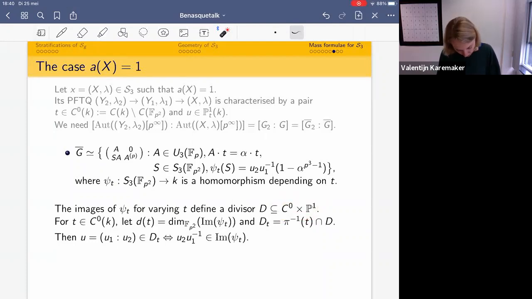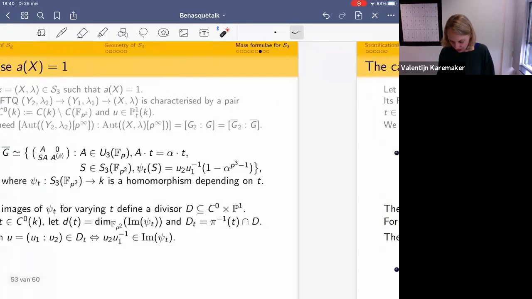And if we let, for any t, d_t be the dimension of the image of psi_t, and D_t be the intersection of D with the fiber over t, then we can show when this thing here is in the image of psi_t, namely u is exactly inside this D_t by definition, if u inverse is in the image.